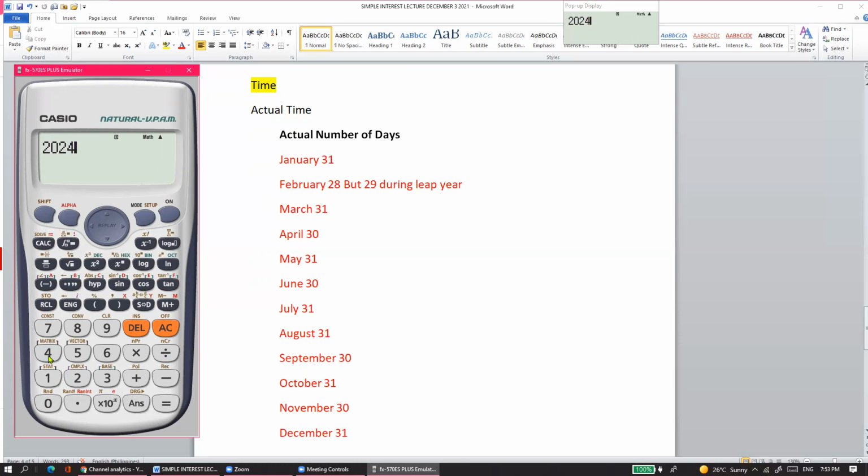Next year, 2024, is not yet a leap year. This year, 2021, is not a leap year. 2023 is also not a leap year. 2024 is a leap year. You know why? Because if I divide it by 4, we will obtain 506. And 506 is a whole number. No decimal. So that is the reason why it is a leap year.